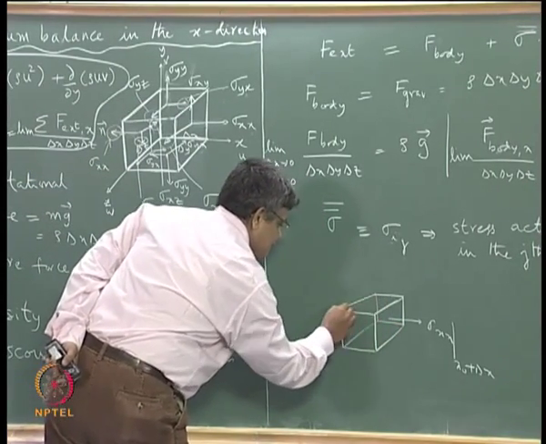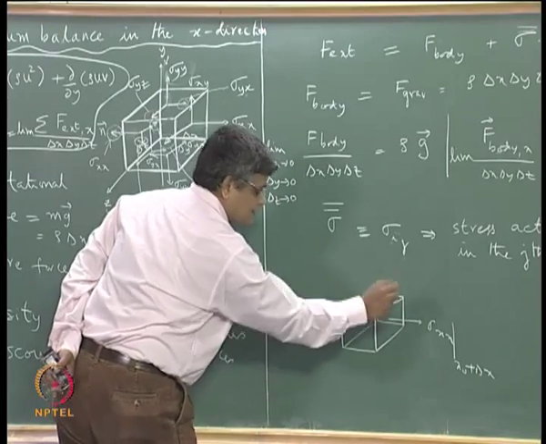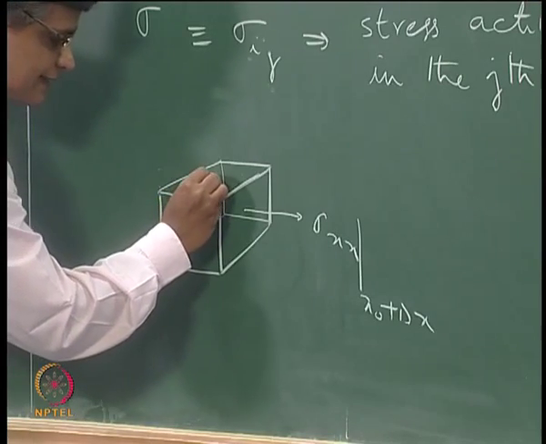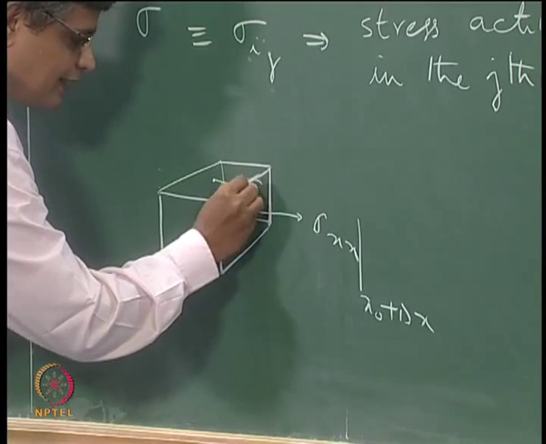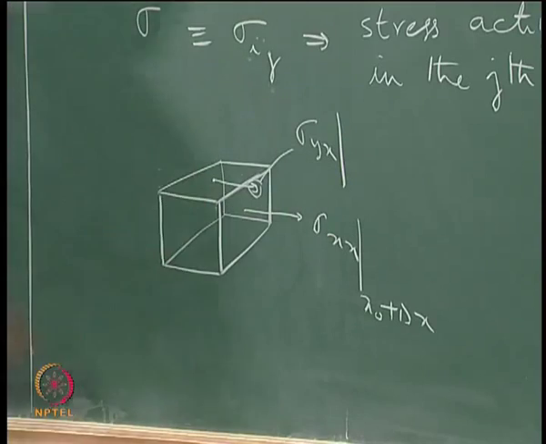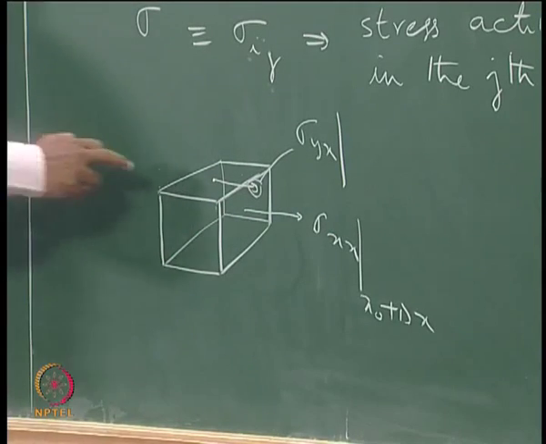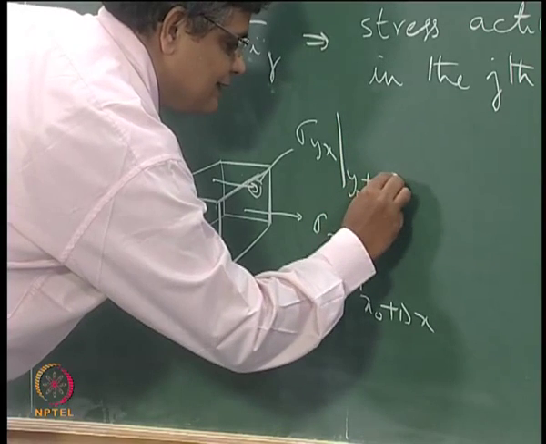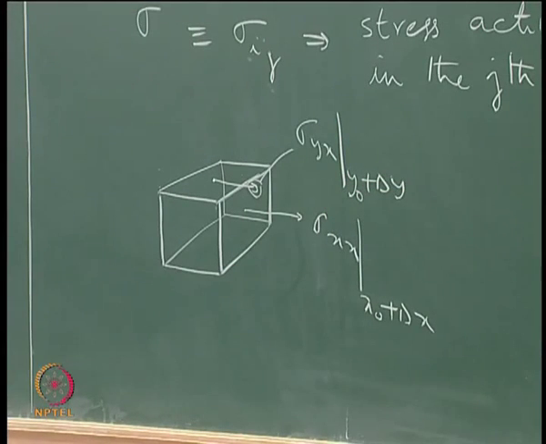The stress acting on the top surface in the x direction acts in this direction, and this is sigma yx, and it is acting on the plane which is located at y naught plus delta y, in the positive x direction.